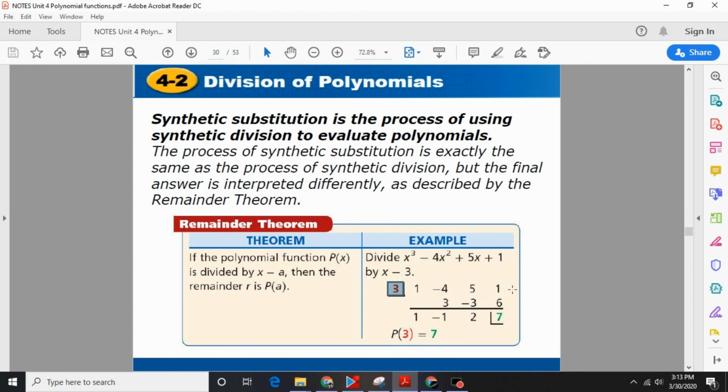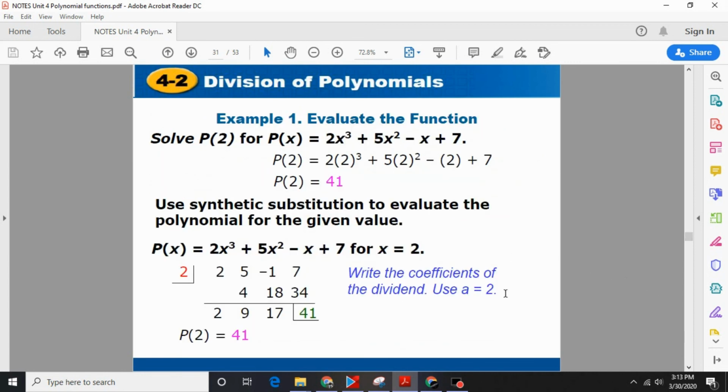If you go through your synthetic division process, you end up with a remainder of 7. And so this original function here, if you evaluated it for the value 3, which is represented here, your final answer is going to be 7. So you can actually evaluate a polynomial function using division.